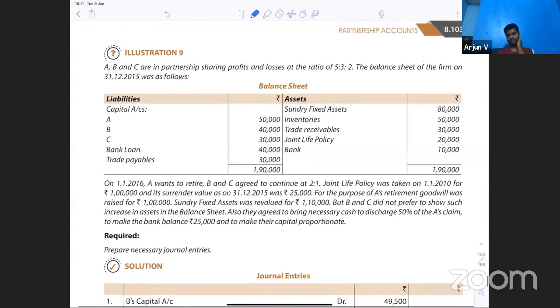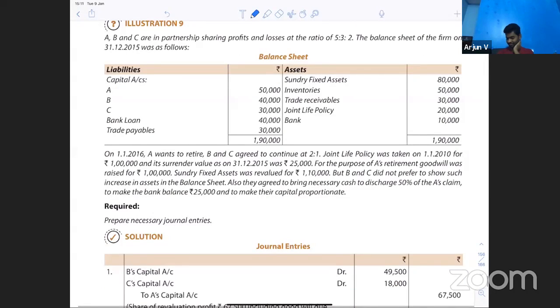Guys, see the last question. Guys, see the 9th illustration. This is typically how your exam questions look. See illustration number 9.